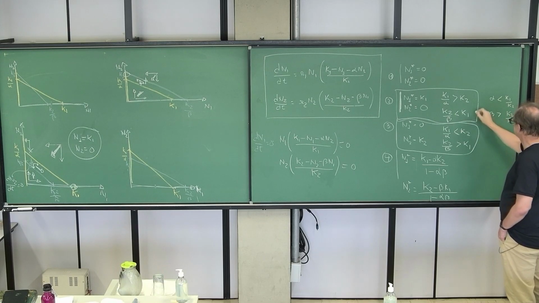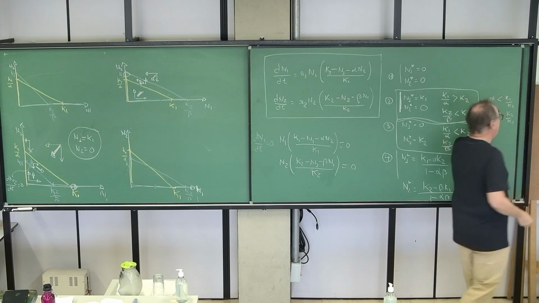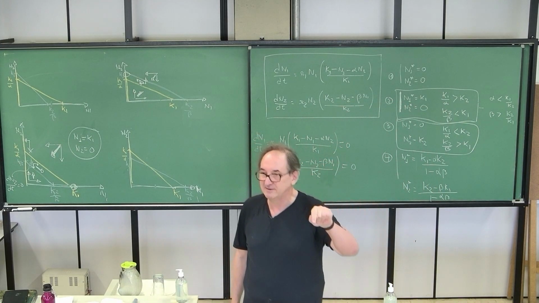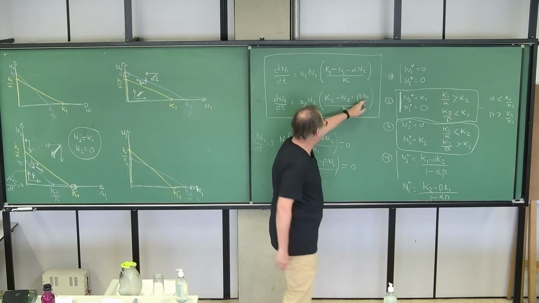Okay? This is the same, just reversing. So alpha is the effect of population 2 on population 1, and beta is the effect of population 1 on population 2.